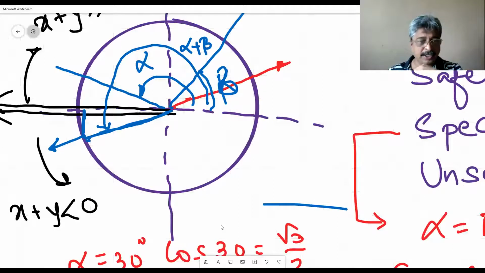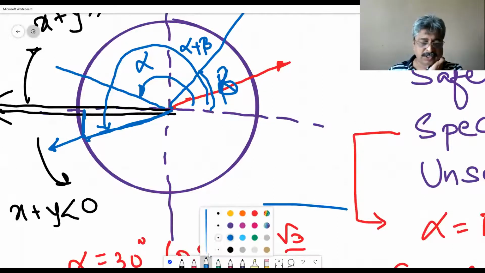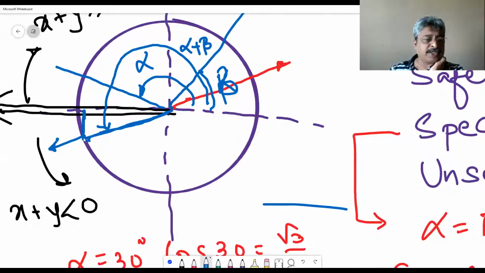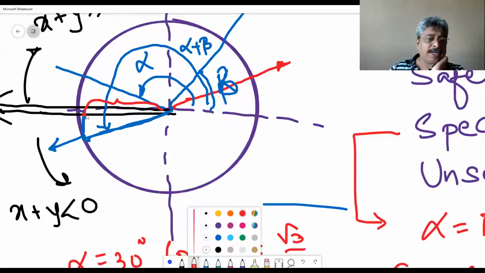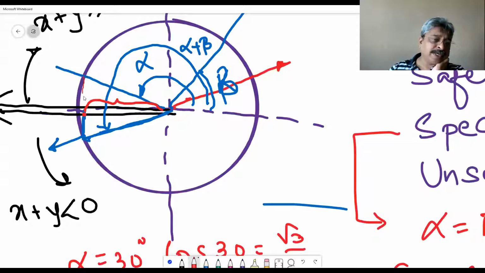However, if this is your terminal ray, this is your cos value, let me just enlarge it. Now, if this is your terminal ray intersection, then go to x-axis. That will be your cos of that angle. But the moment you take cos inverse, you will get this value back.